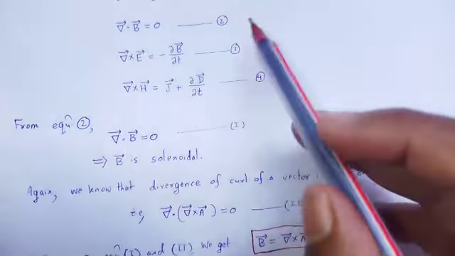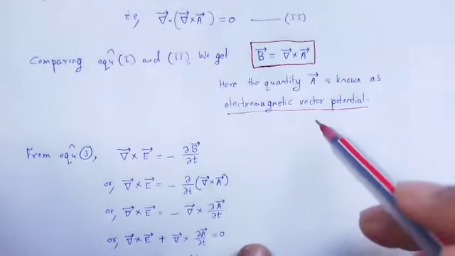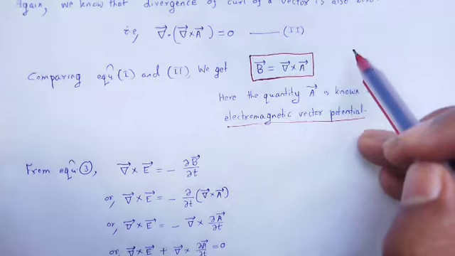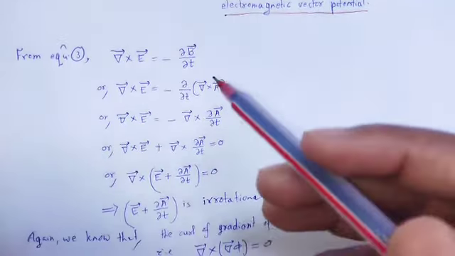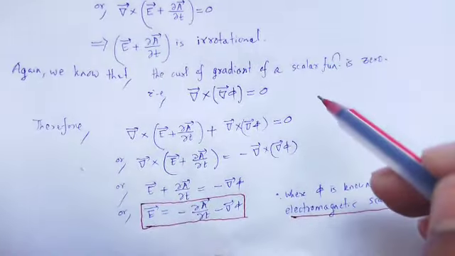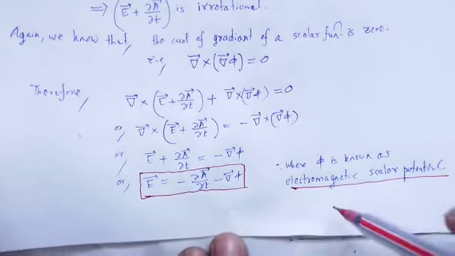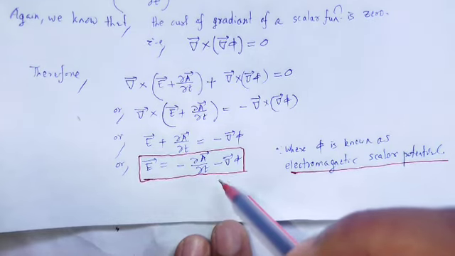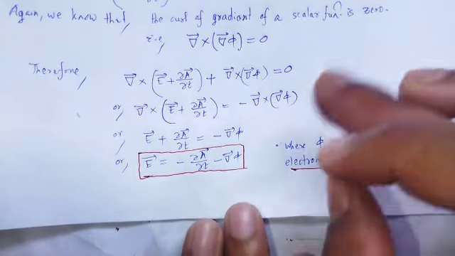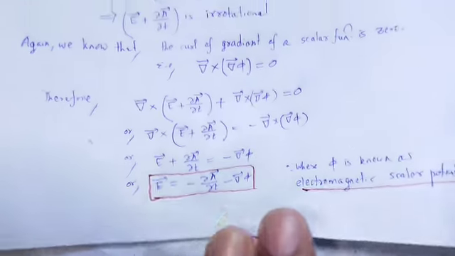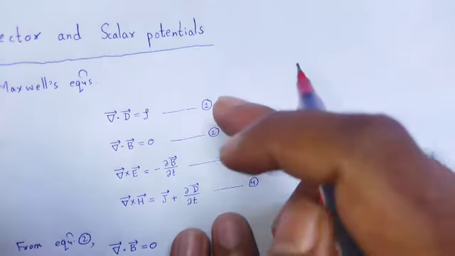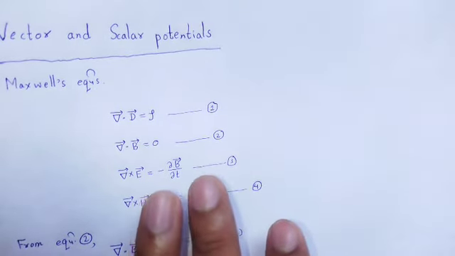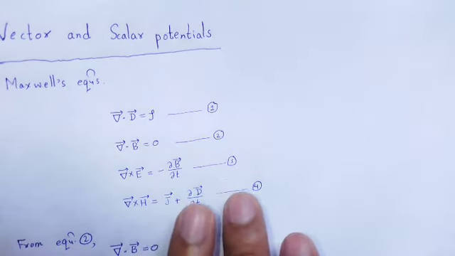From equation number 2, we showed what is the electromagnetic vector potential and B vector in terms of it. From equation number 3, we showed what is the electromagnetic scalar potential and E vector in terms of the electromagnetic scalar as well as vector potential. Again, from equation number 1 and equation number 4, we can show in terms of vector and scalar potentials.